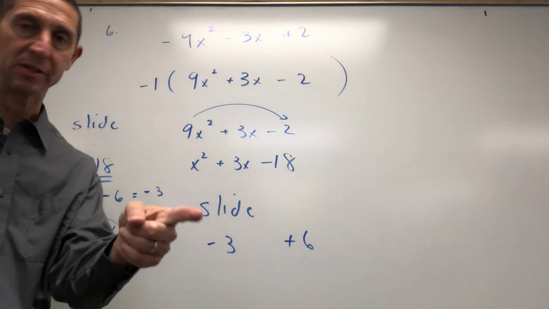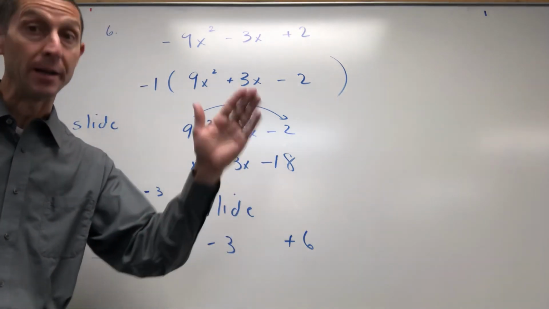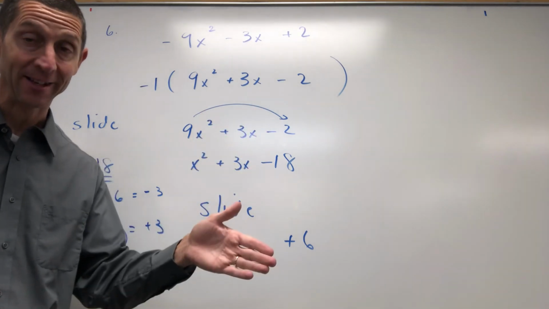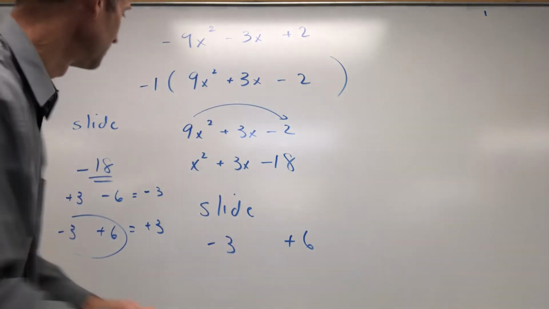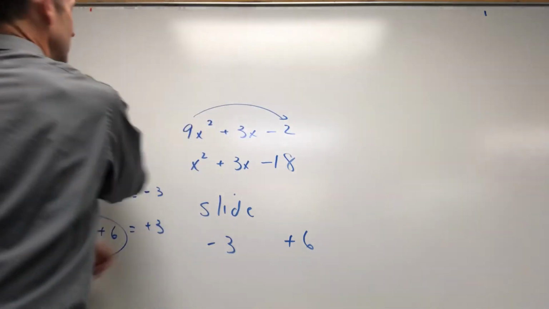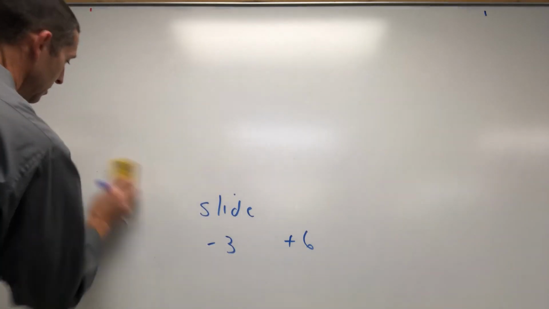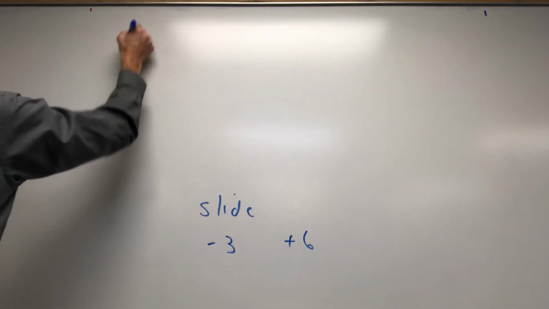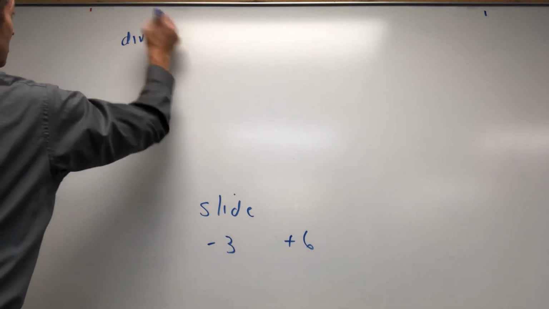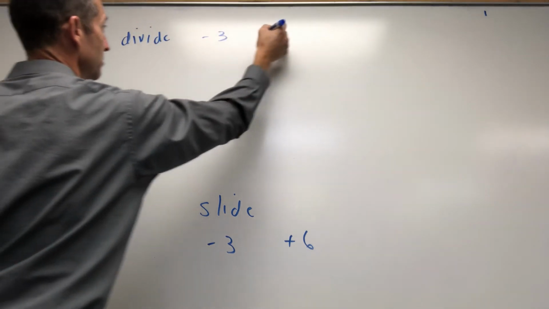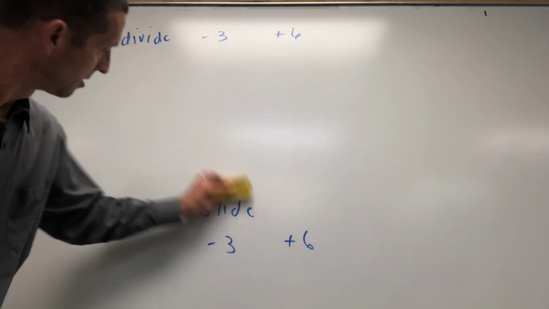So, whole purpose of the slide, get those two numbers. Not done yet. Still got to divide. Let's run the divide. So, here we go. Negative 3, positive 6.